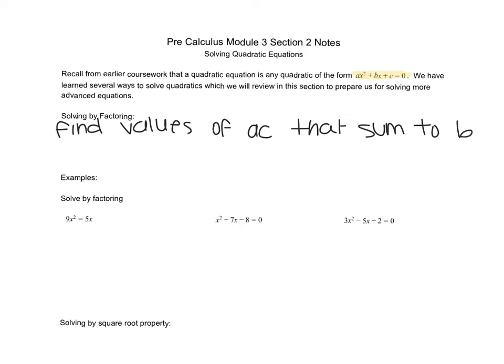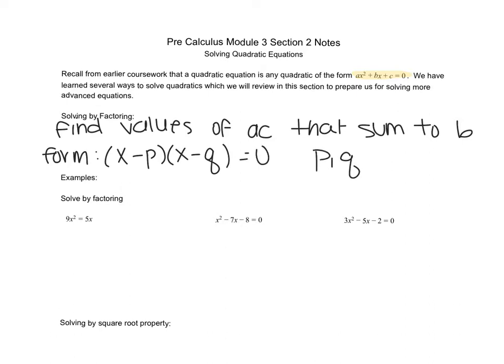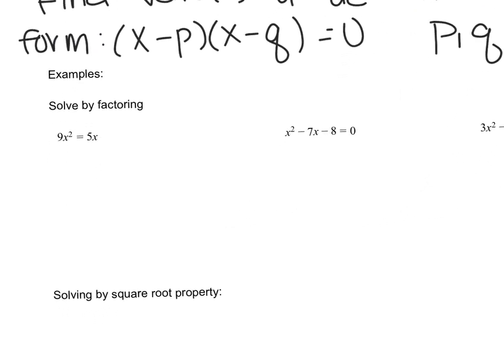And you're going to get something of the form x minus p times x minus q equals 0. And then p and q are going to be the solutions to the quadratic. So let's do a couple examples where we solve by factoring.